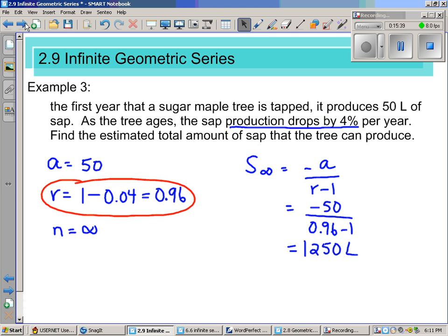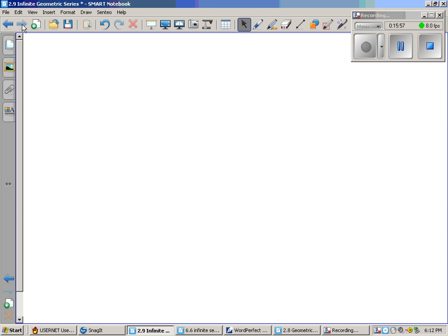So there are a few questions in your textbook that cover this. We're looking at page 130. Number 2 asks which infinite geometric series have a sum, and if you can tell, what is the sum.